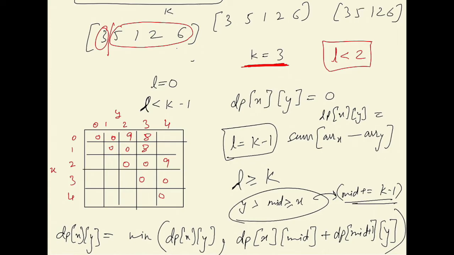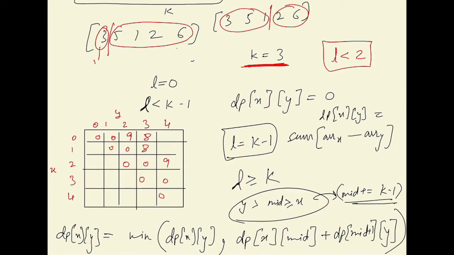Now we increase our mid by 2, so we can break here, so this subproblem and this subproblem, or then we increase our mid by 2, so we would have to break at this, which is not a valid break because mid should be less than y, so we stop, and we only have two cases.